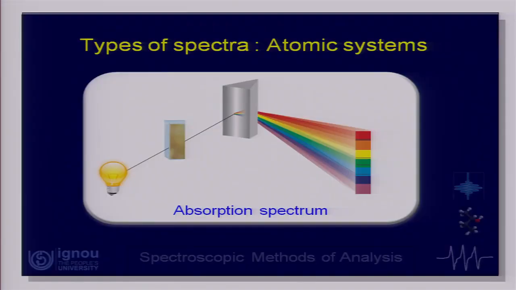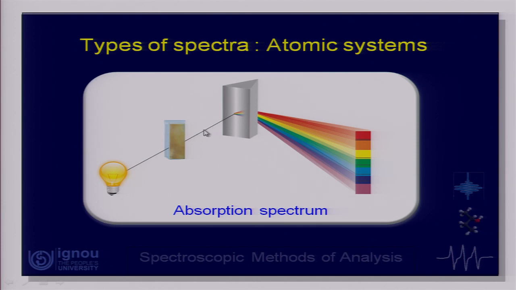Okay. Now, let us move further and see what happens when I take such a source of radiation and make the radiation pass through an absorbing medium. I am talking about atomic systems to begin with. Suppose I have an atomic system which can absorb radiation. This is my incident radiation falling on the system, and something comes out of it, that is the transmitted radiation.